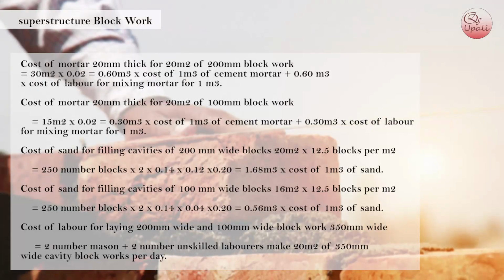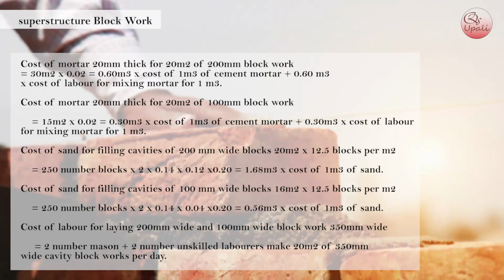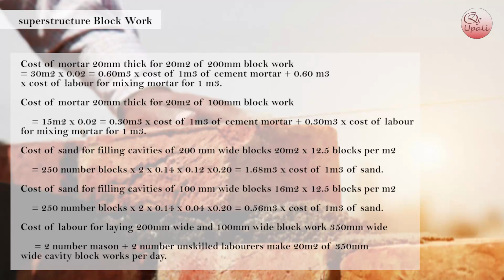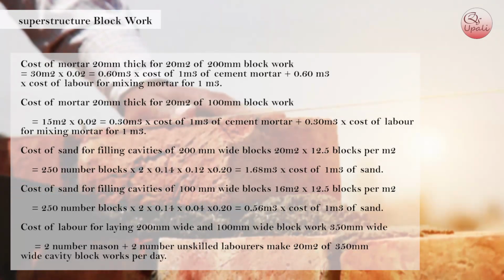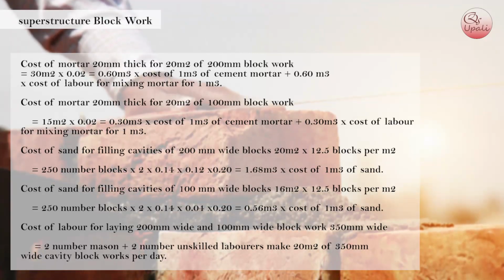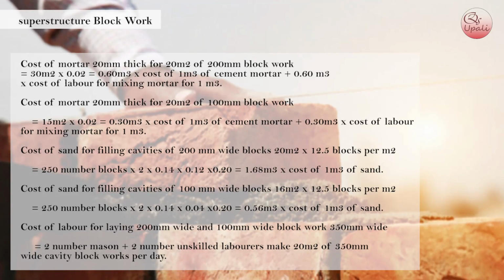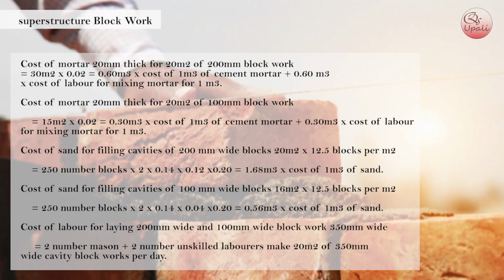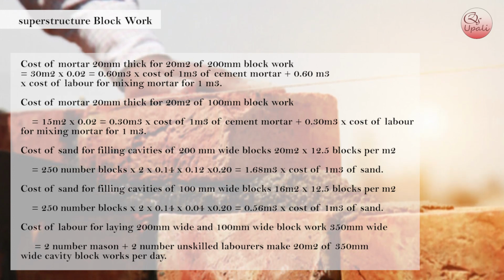Cost of mortar 20 mm thick for 20 meter square of 200 mm block work equals 30 meter square into 0.02 equals 0.60 meter cube into cost of 1 meter cube of cement mortar plus 0.60 meter cube into cost of labor for mixing mortar for 1 cubic meter.